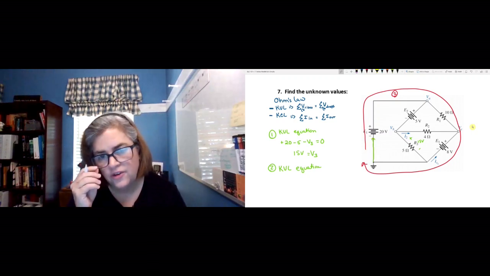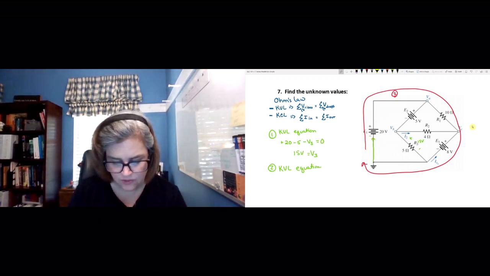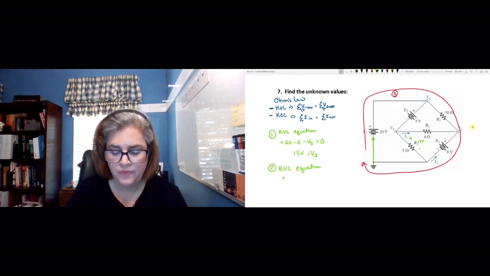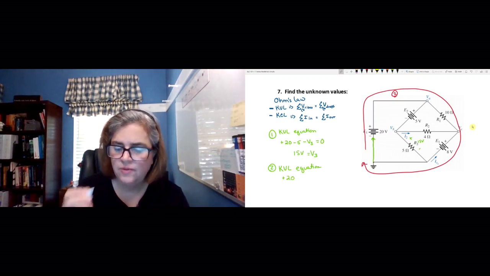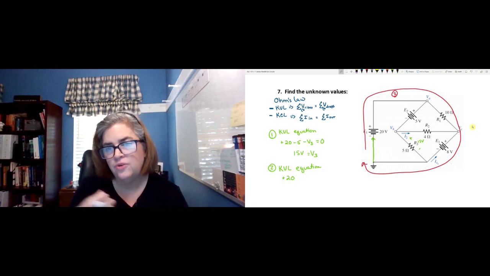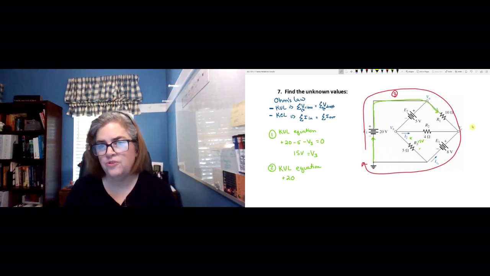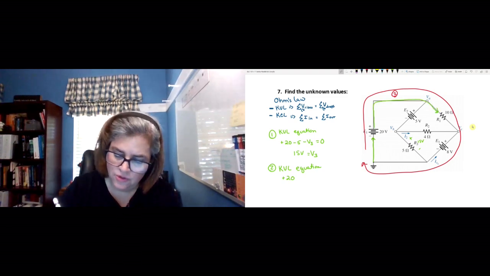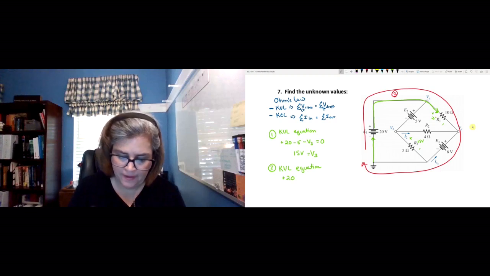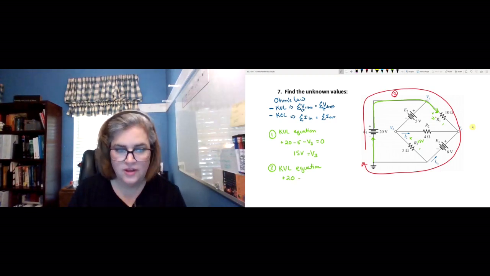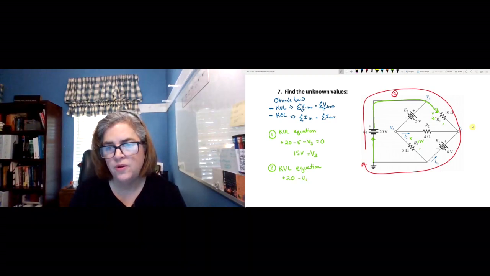And when I encounter that 20 volt source, that's a rise. So I'm going to say plus 20 and continue around along the outside here. Now, when I get to the 10 ohm, I don't know what direction that voltage drop is either. So I'm just going to pick a direction and call that V1. I'm just going to say that's a voltage drop and draw in my V1 and subtract it in my equation, minus V1.